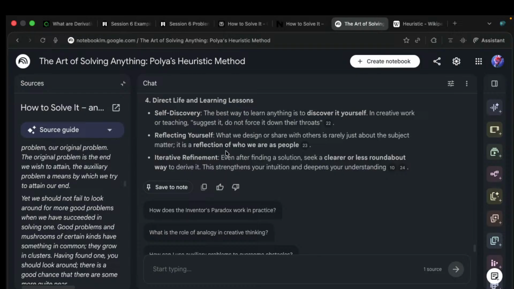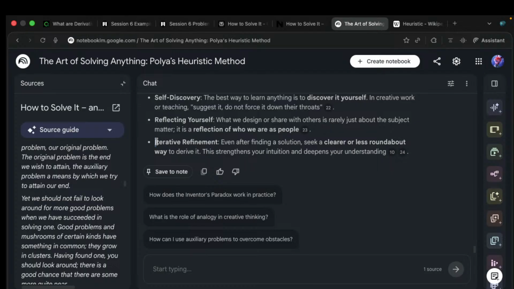Iterative refinement. Even after finding a solution, seek a clearer or less roundabout way to derive it. Okay, it makes really good sense. We can use it anywhere, especially in maths or in real life.